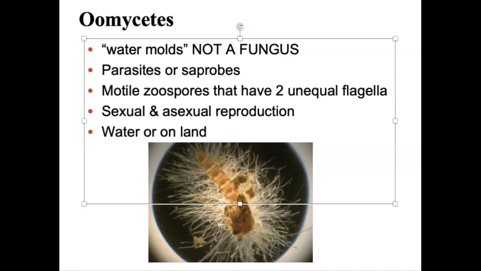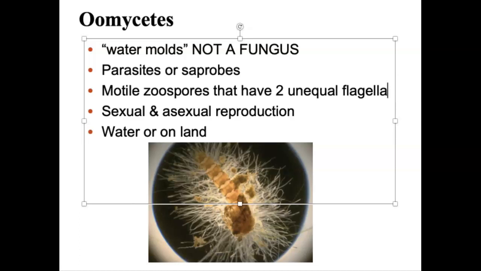So flagella with hairs because they're Straminopila, two different length ones. Those are your water molds. Reproduction is sexual or asexual, where they can fuse gametes or they can just split themselves into two, and now you have more water molds.